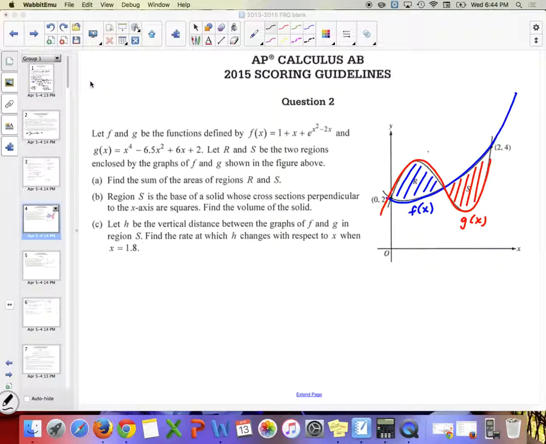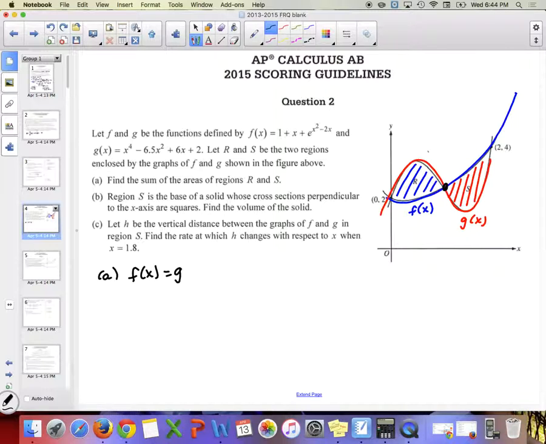Now, you also have to write what you did to get that point. What we did is we set f of x equal to g of x, right, to find the intersection points. And when we did that, we got that x intersects at 0, 1.03283 something, and 2. Okay.